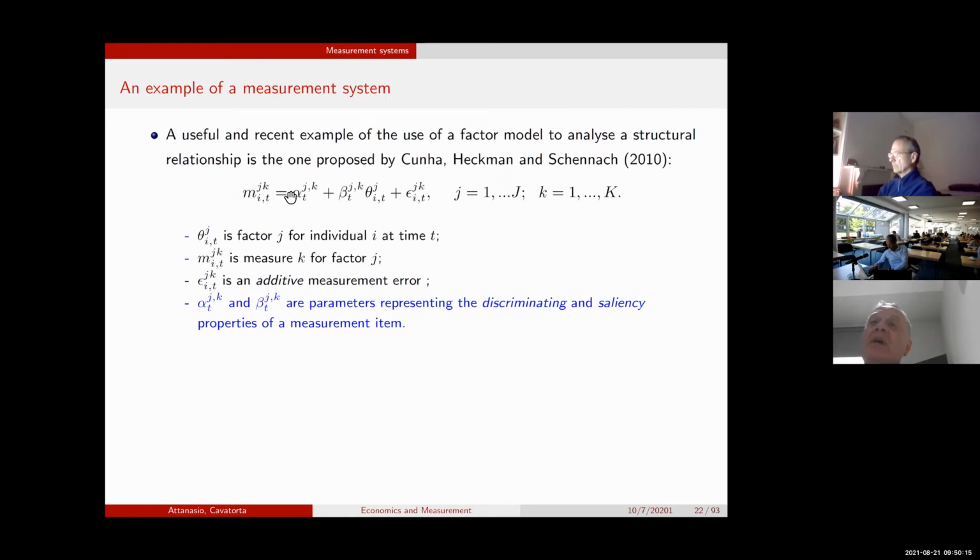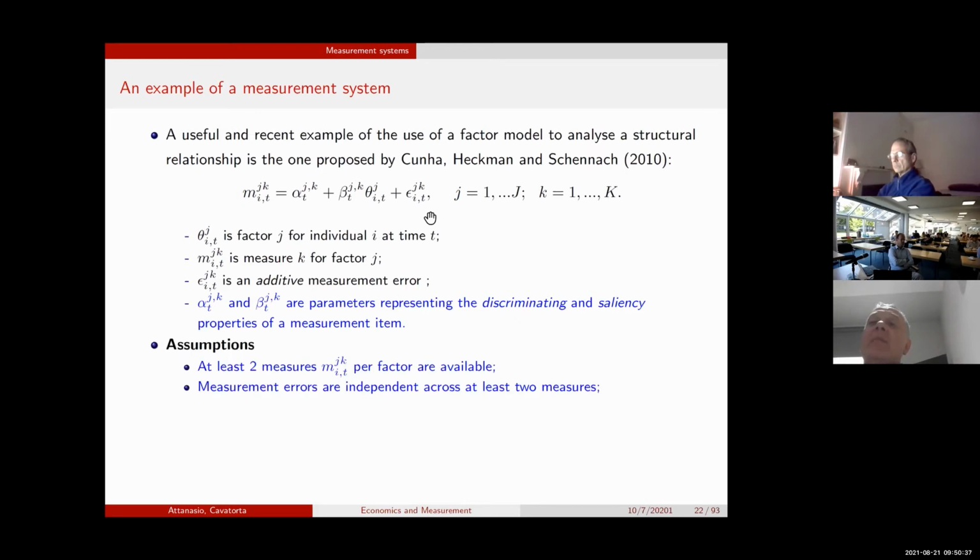And the parameters here are the alpha and the beta. The alpha measures how discriminating a specific measure is about this factor, while the beta determines the saliency of that measure for that factor. And epsilon is the measurement error.